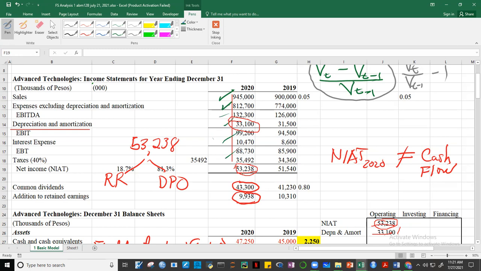To arrive at this one. Okay. So Mark, back to my question a while ago, na-consider na ba yung sales in arriving at 53,238? Has it already been accounted for? What do you think, based on our discussion?